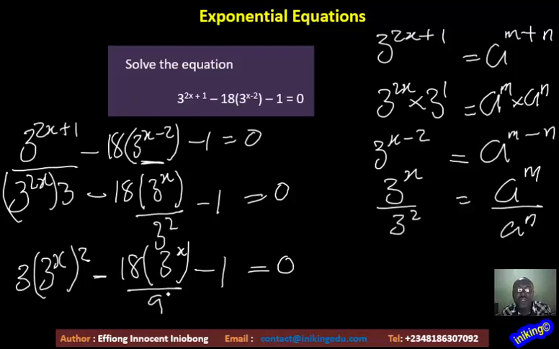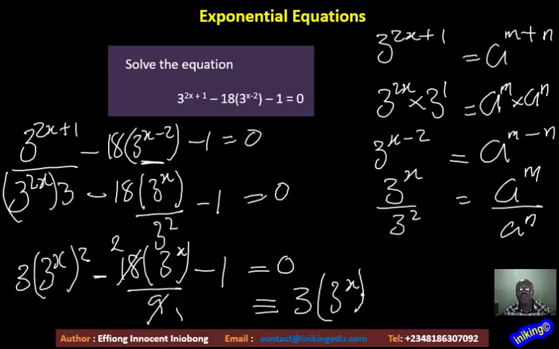You will agree with me that 9 can cancel here 1 and 9 can cancel here 2. So that expression can be written as 3 into 3 raised to the power x all squared, that's the first term, minus, since 18 has been cancelled out, we now have 2 into 3 raised to the power x minus 1 equal to 0.